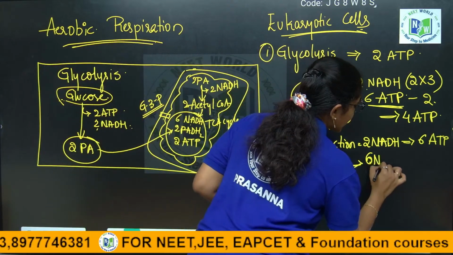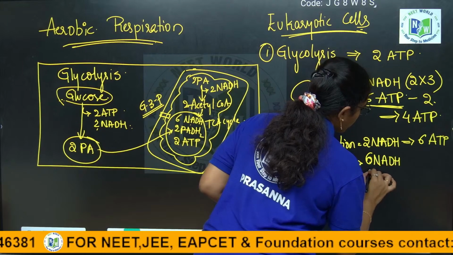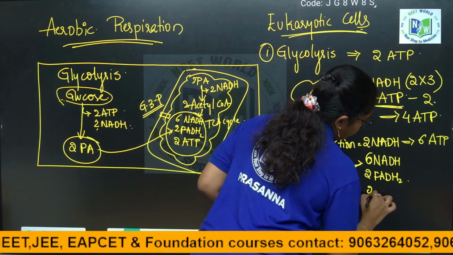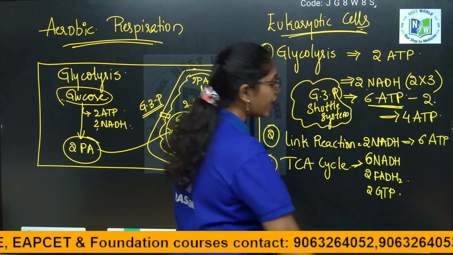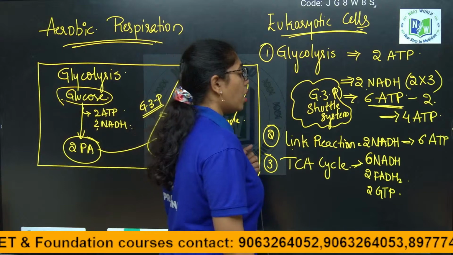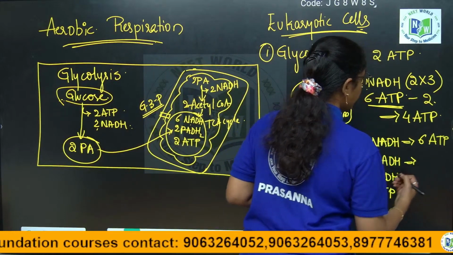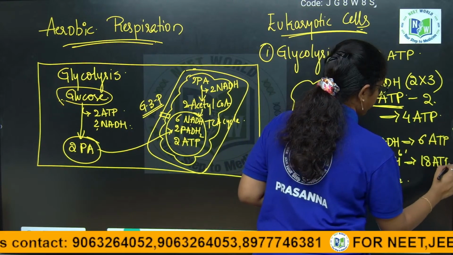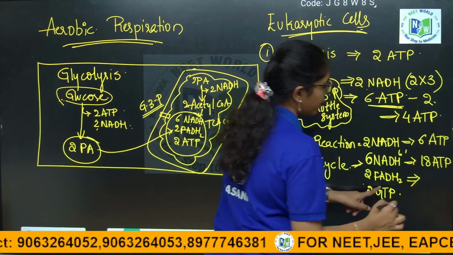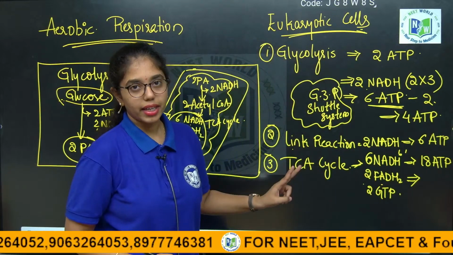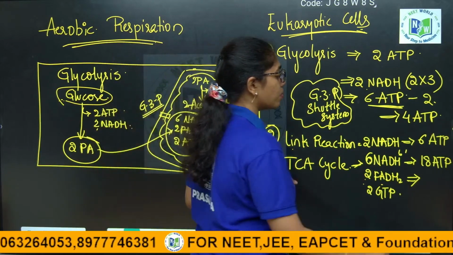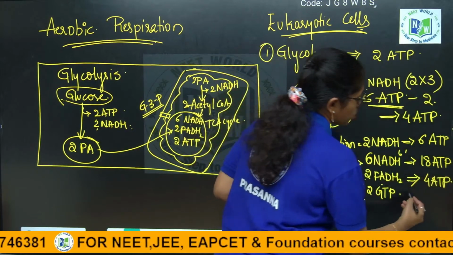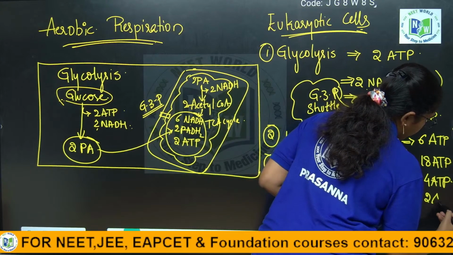It is 6 NADH, 2 FADH2 and 2 GTP or ATP. You can consider anything. So here 6 into 3 is 18 ATP molecules, and 1 FADH2 is equal to 2 ATP, so 2 FADH2 means 4 ATP, and then 2 GTP or 2 ATP molecules.